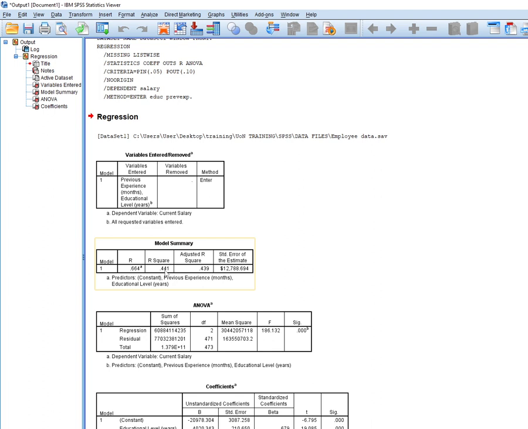Then you explain that the percentage R squared means current salary can be explained by the previous experience and education level. The remaining percentage, which is around 56%, are other factors which are not in the model.